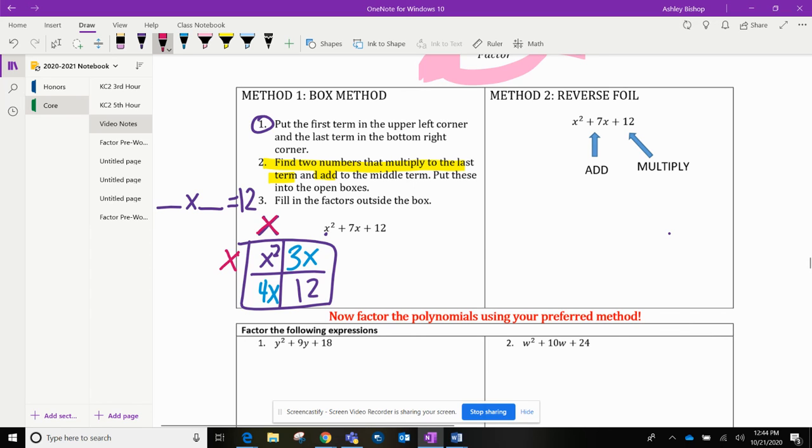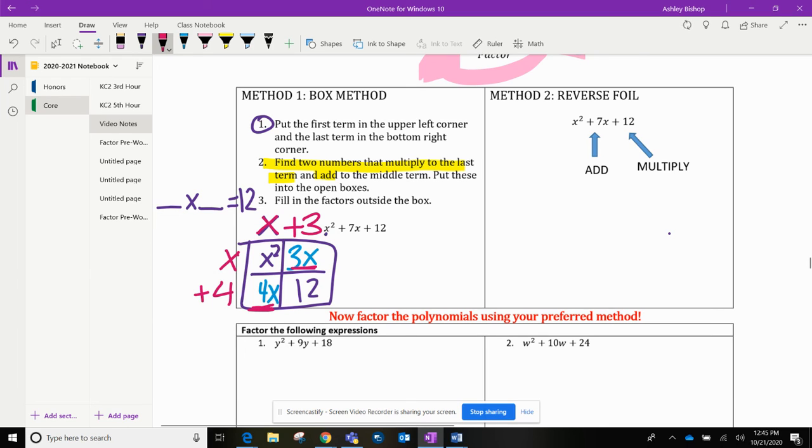So I'm working backwards. Then I ask myself, what multiplies by a number to make 3x? I already have the x, so up here I must have that 3, and that's a positive 3. And then I have to ask myself down here, which two numbers multiply to be 4x? Well, I have x up here, so I must have a 4 over here.